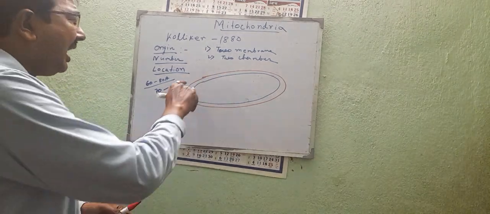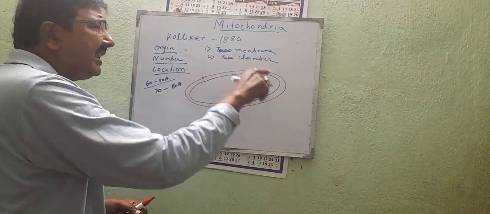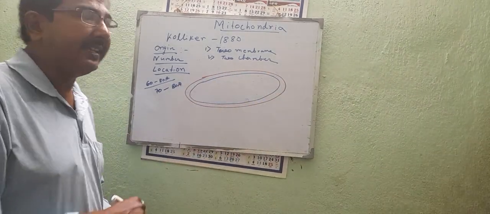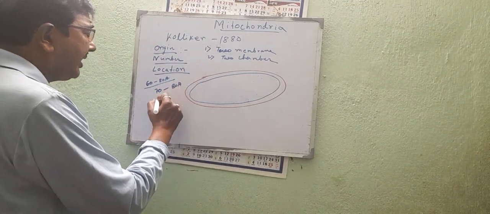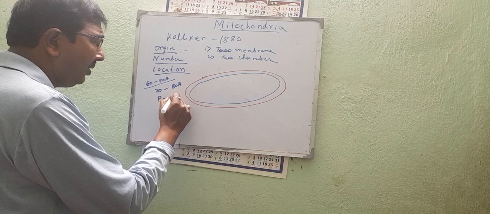The outer membrane contains a small amount of protein, but one type of protein is there. It is called porin.